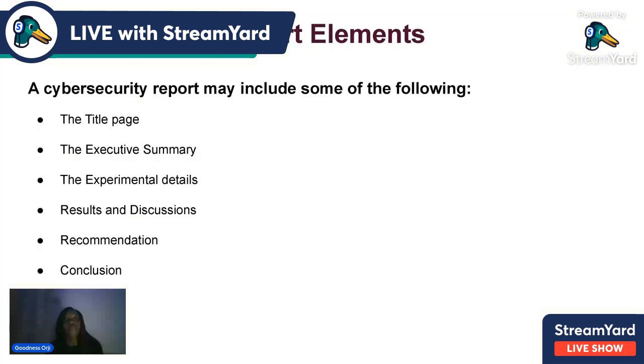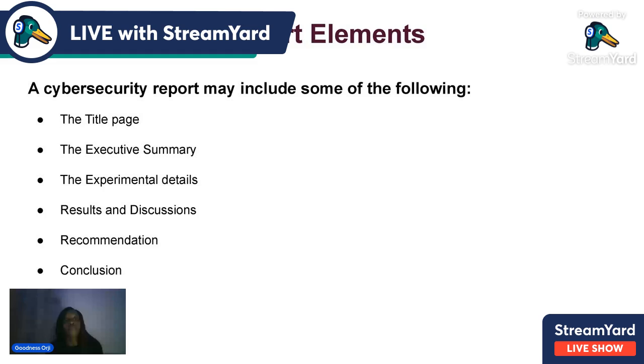So what are some of the basic elements of a report? It is not limited to this, but a report would contain your title page, which says what the report is all about. Looking at the title, the document is something about cybersecurity reporting, and I get to name it cybersecurity reporting. So the title already gives an insight into what to expect.